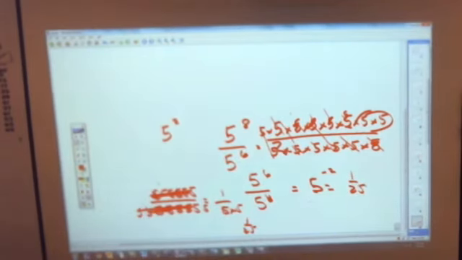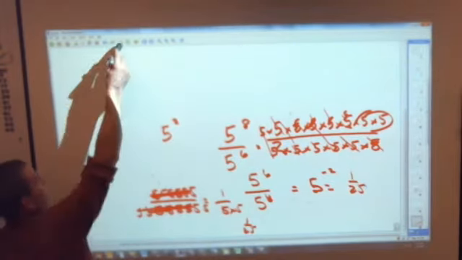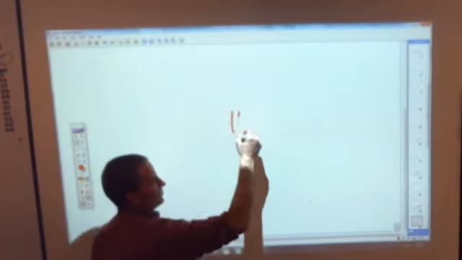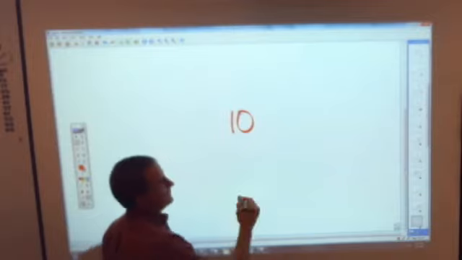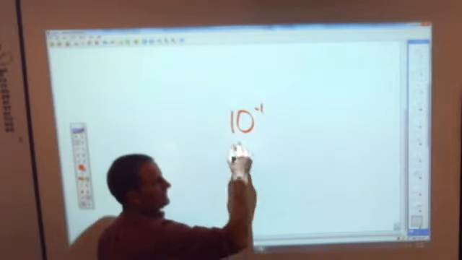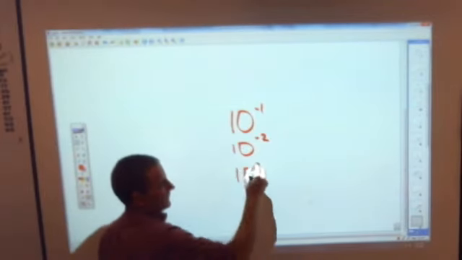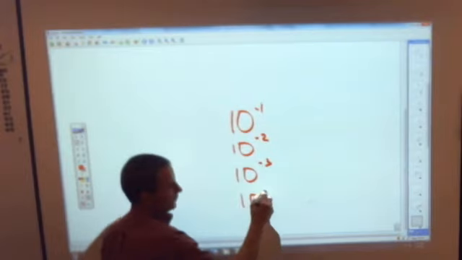Now, that's all completely immaterial, whether you understood that or not. Today, we're doing it because we use this in scientific notation. And the only thing you need to understand is this. In scientific notation, we always use tens with exponents. 10 to the negative 1st power, 10 to the negative 2 power, 10 to the negative 3 power, 10 to the negative 4 power.